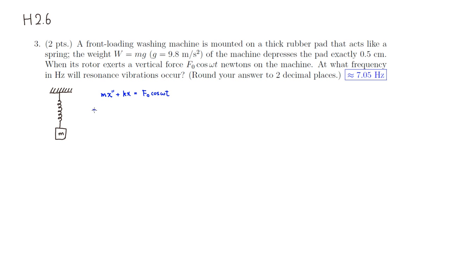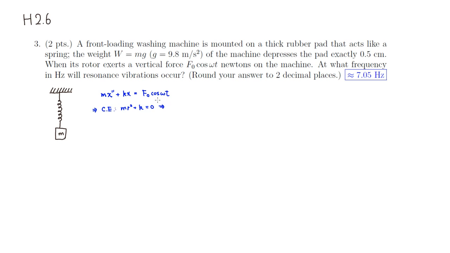By looking at the characteristic equation, it is going to be m r squared plus k is equal to 0.